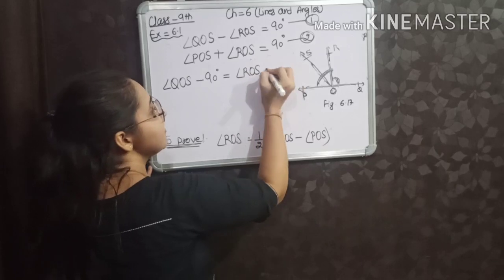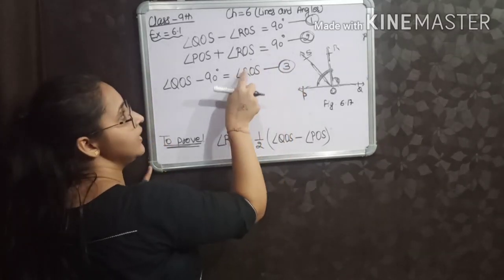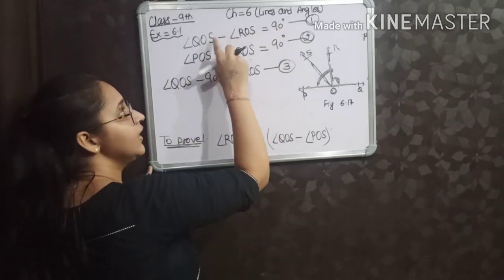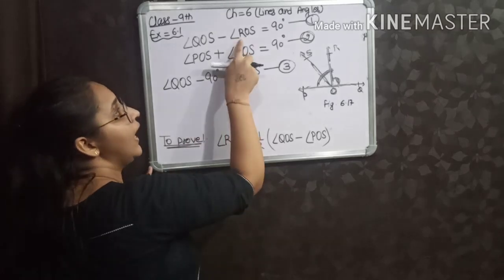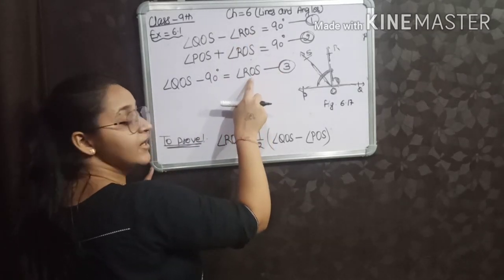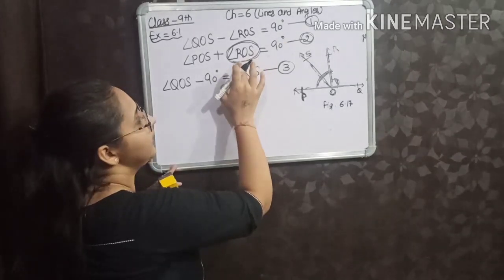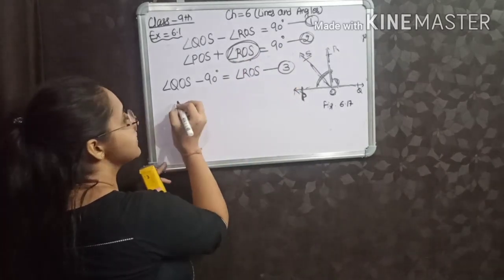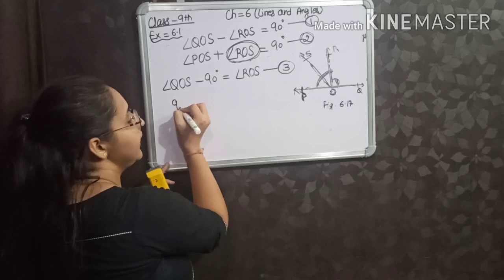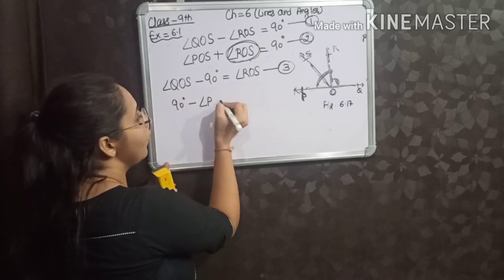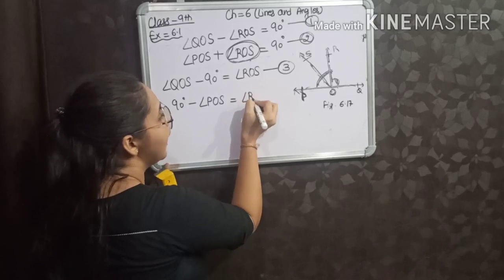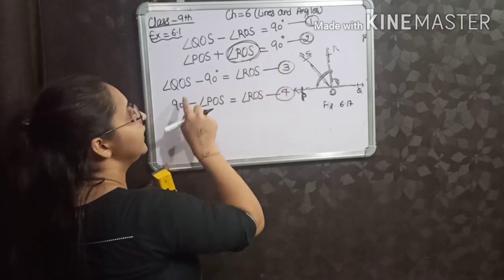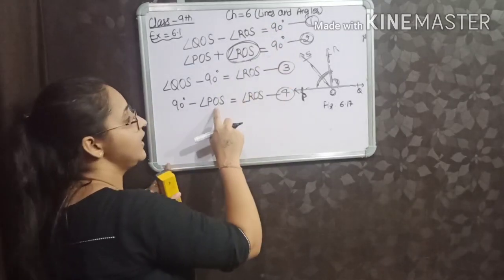So this is the value of angle ROS from equation 1. Similarly, I can evaluate the value of ROS from equation 2. So 90 degrees minus POS is equal to angle ROS. Okay, this is the fourth equation: angle ROS is equal to 90 degrees, and this POS will go to that side with a negative sign.